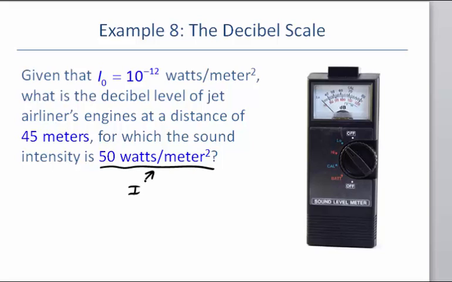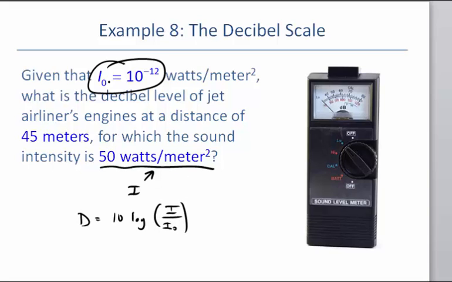That's my I. We are given the I sub 0. So we pretty much have exactly what we need to plug into this formula. Remember that your formula from the previous screen was D is equal to 10 log I over I sub 0. We know what to plug in for the I, the 50, and for the I sub 0, the 10 to the negative 12th, and then we're just going to calculate.